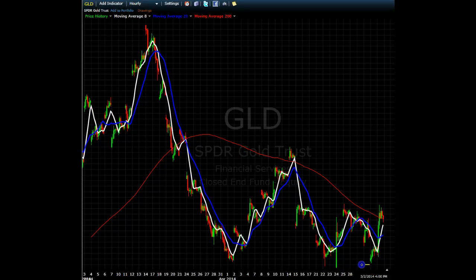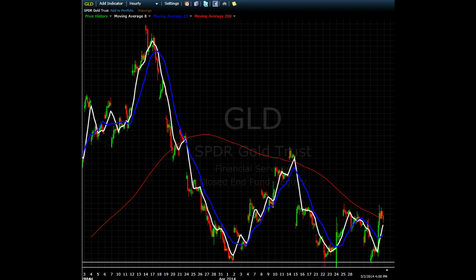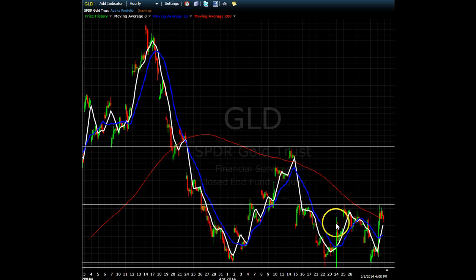Gold, kind of put in a low there and a little bit more of a low there. Put in a high up here. That was a gap in gold right there where it also ran into resistance a couple of times.